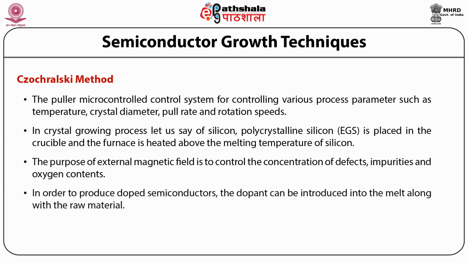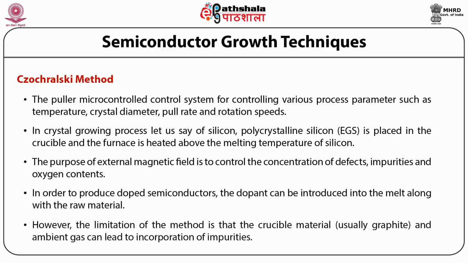So in order to produce doped semiconductors, the dopant can be introduced into the melt along with the raw material. However, the limitation of the method is that the crucible material, which is usually graphite, and ambient gas can lead to the incorporation of impurities.